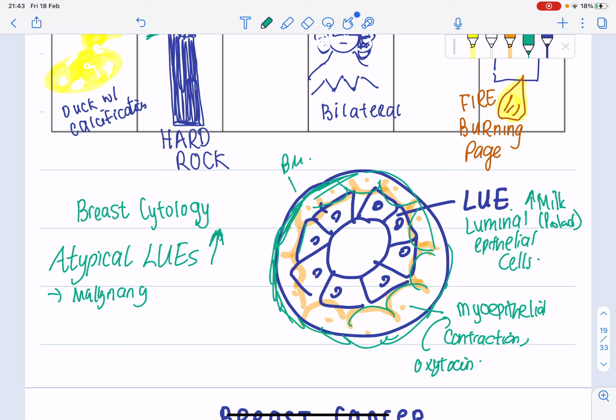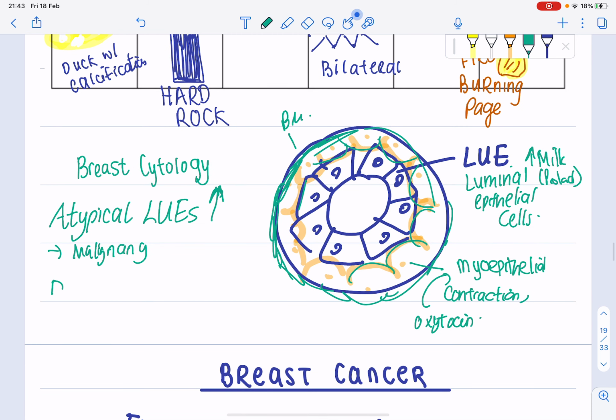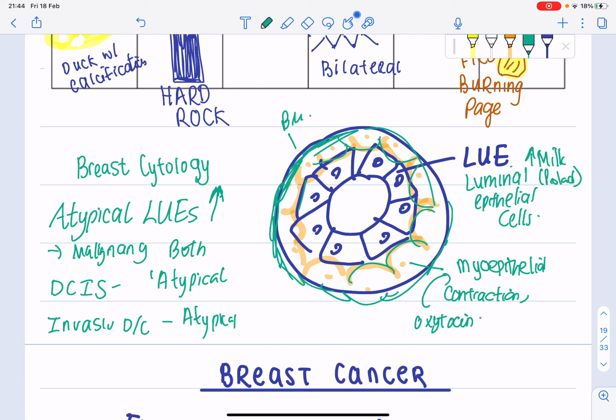Now, in both ductal carcinoma in situ and invasive ductal carcinoma, both have atypical luminal epithelial cells. The difference is which of these has invaded the basement membrane.